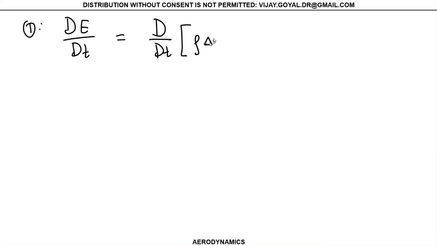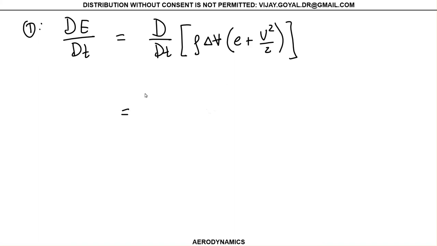So let me go to expression number 1. That is dE/dt. This is the same thing as d/dt of rho delta v times E plus velocity squared over 2. Now, using the product rule, I take the derivative of this and multiply by this, and then the derivative of this multiplied by this.